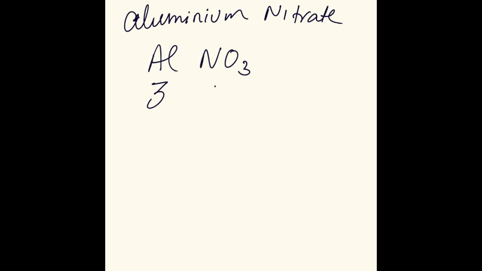Nitrate valency is always 1. Then you have to switch the valencies. After switching the valencies, your final answer will be Al(NO3)3. Clear? So like this you can do the formula of any polyatomic ion.